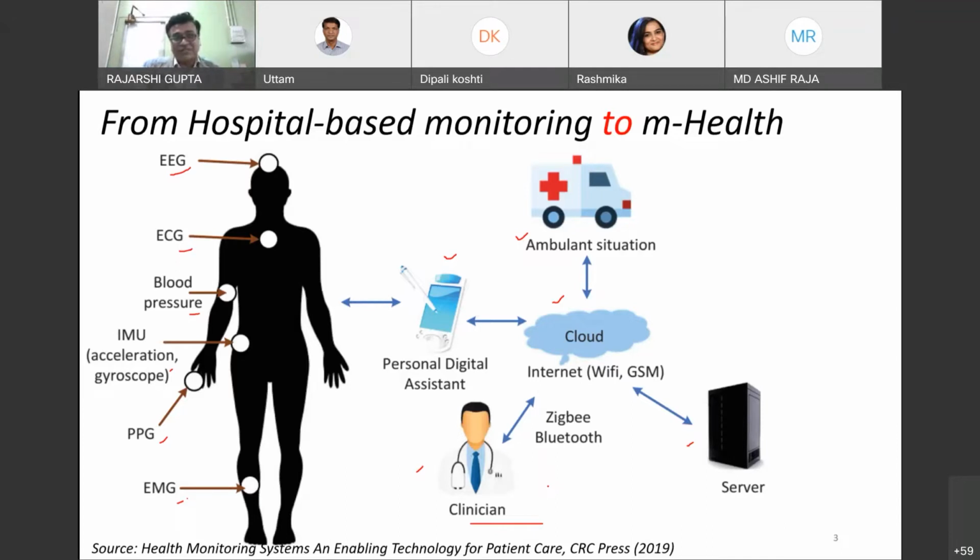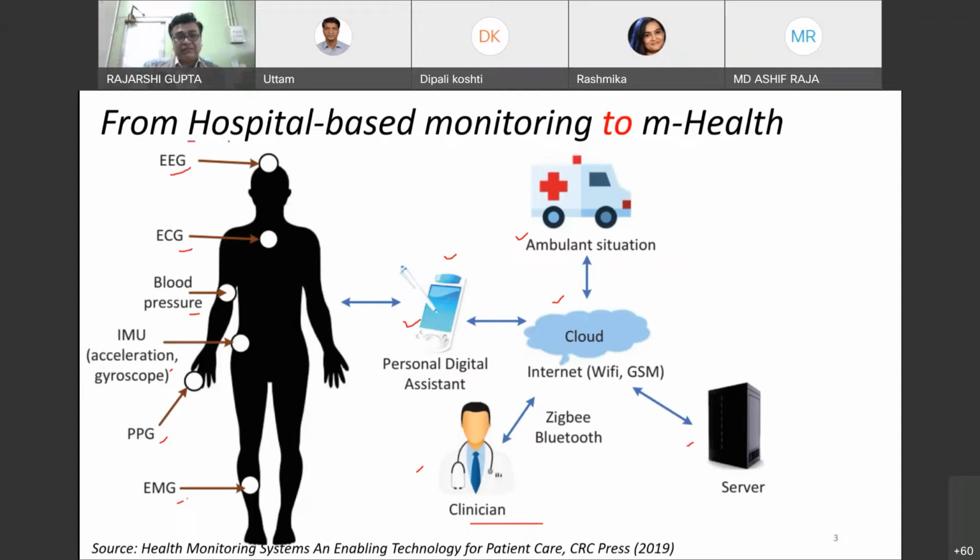In many cases you will find that the software provides some basic feedback, like how many steps we have run or walked in a particular period of the day, what our sleep score is, what our heart rate is, even blood pressure, anxiety level, and sleep score in terms of bad, medium, or good. These are possible. These mechanisms are inbuilt within the mobile phone, and they provide us feedback from the system itself.